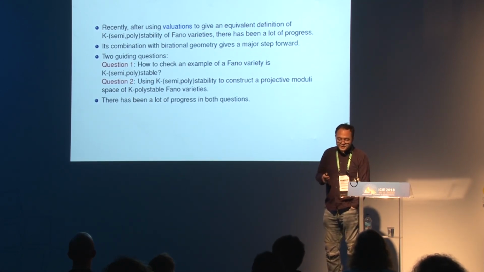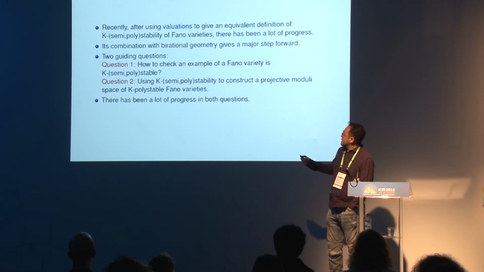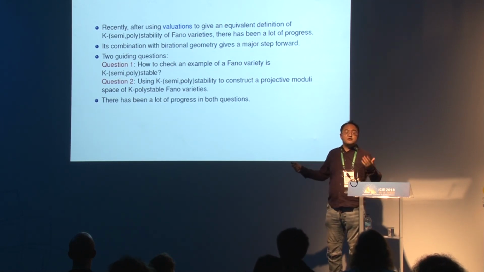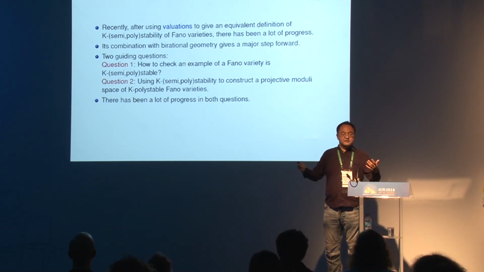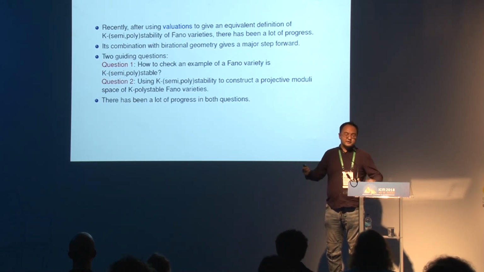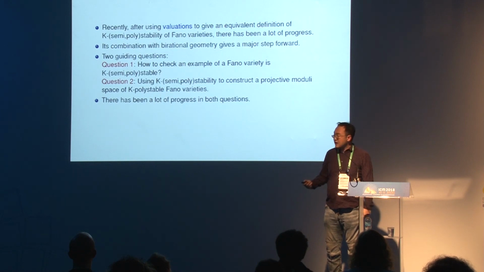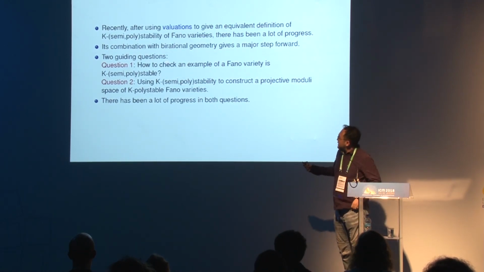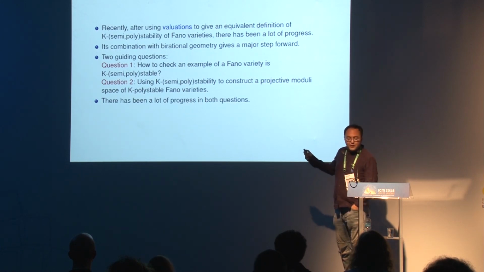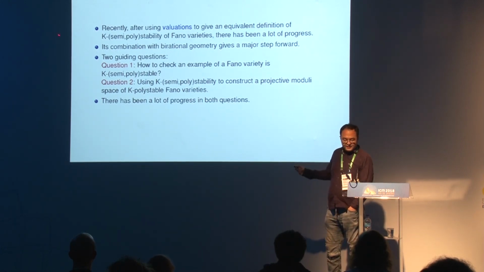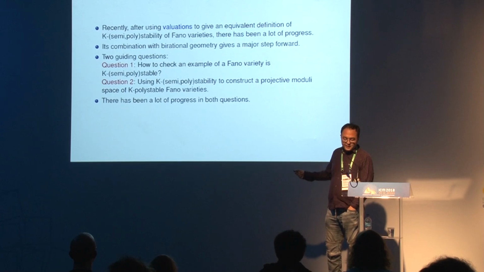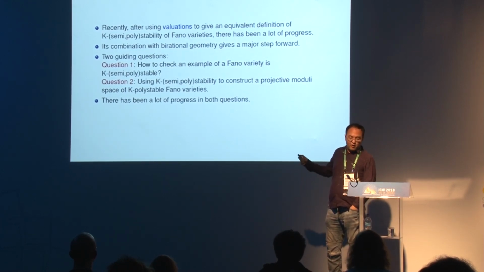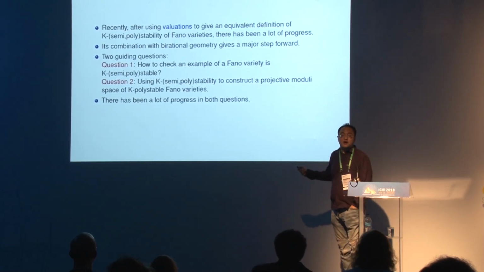So the first one is, given a Fano variety, we know it's K-stable if and only if it has a Kähler-Einstein metric. Then, of course, we want to prove that some of them are K-stable, and then conclude that some of them have Kähler-Einstein metrics. But how to do it is very difficult. The second question is, we definitely expect that using K-semistability, we can construct a projective moduli of Fano varieties.